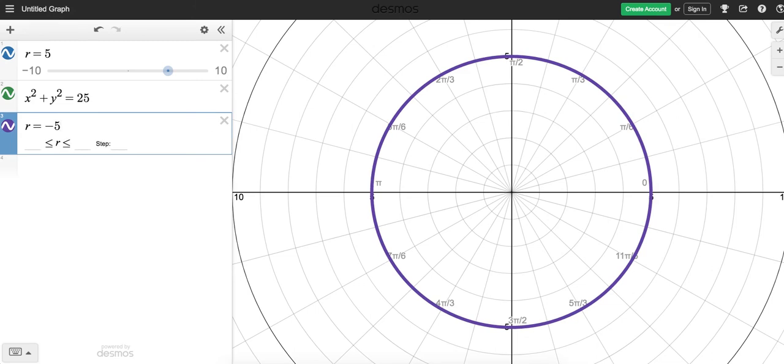So again, much like with polar coordinates, we're not necessarily limited to only having one representation. We could have r equals 5, but we could also have r equals negative 5. Both represent a circle where the center is at the origin and the radius is 5.